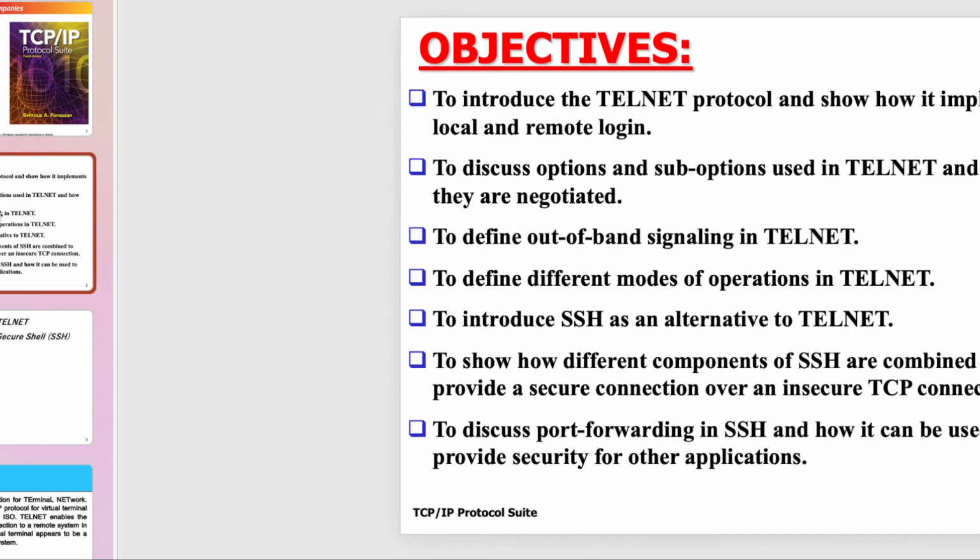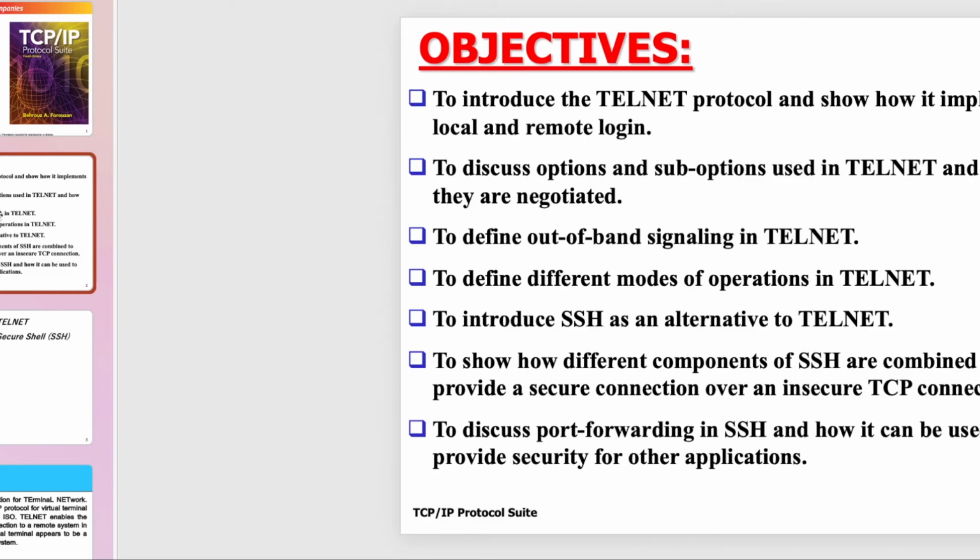The objective of this chapter is to introduce the TELNET protocol and show how to implement local and remote logging, the sub-options used in TELNET and how they are negotiated, to define out-of-band signaling in TELNET, and to define different modes of operation in TELNET.